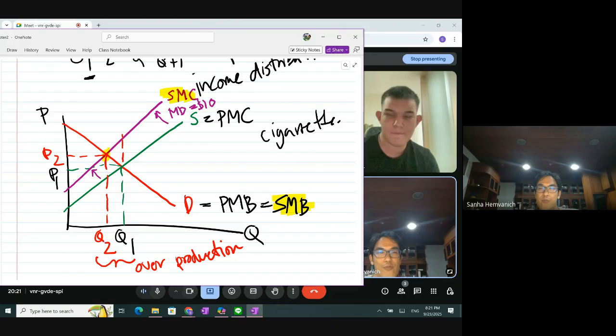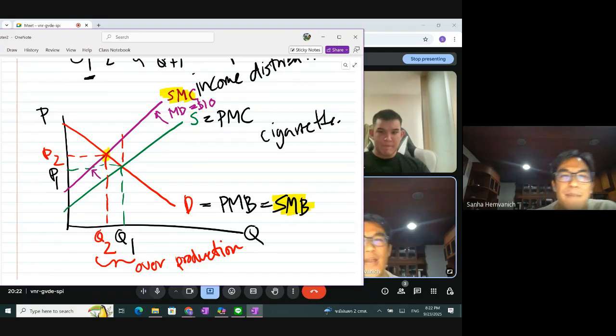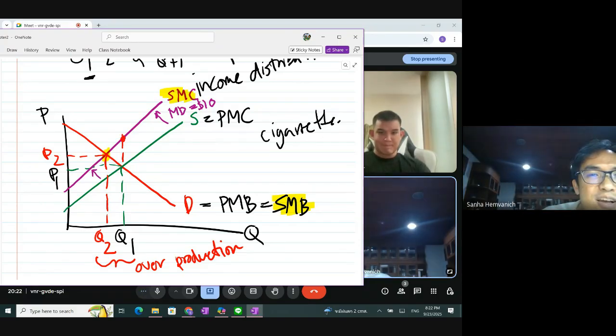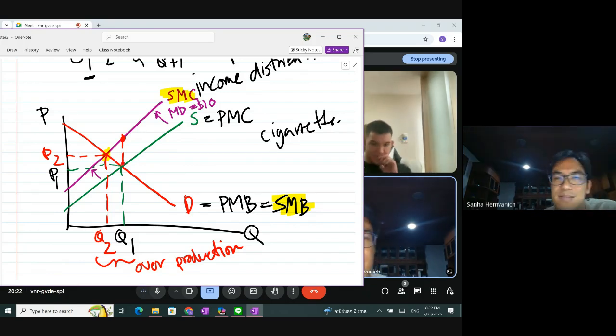If the smoker demand and the factory supply meet, the equilibrium will be Q1. But you can see that at Q1, what happened? At Q1, the cost is actually already higher than the benefit.